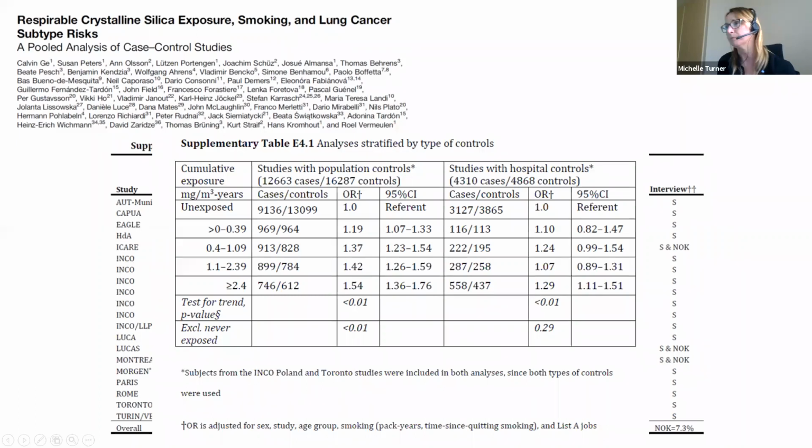So possibly, it'd be interesting to look into those hospital controls and see exactly what type of diagnosis they had, and whether these diagnoses are possibly related to the exposure of interest in the study. So it's great that they were able to consider this type of stratified analysis here.